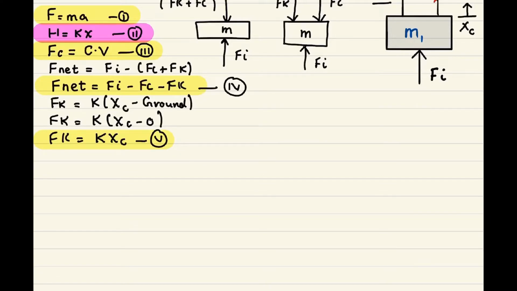As I explained in the last video, always start from the integral part, because we know that the displacement xe is a second derivative, because when we integrate the acceleration we will get the velocity, and when you integrate the velocity you will obtain the displacement, which means the second function.